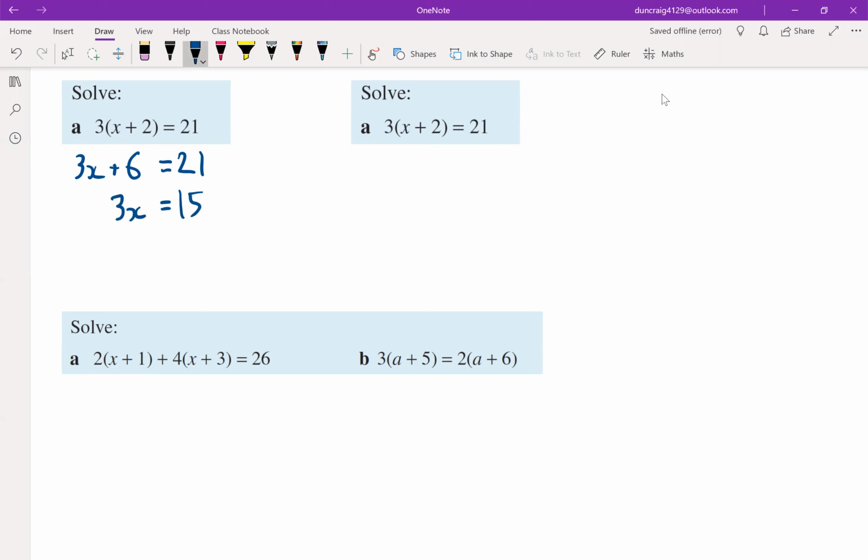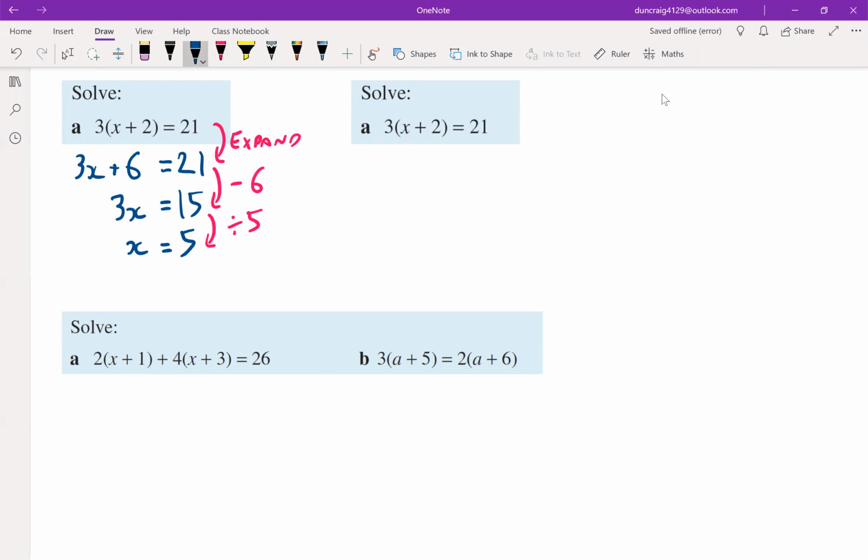Then divide both sides by 3. 15 divided by 3 is 5. So the steps were: expand, subtract 6, then divide by 3.